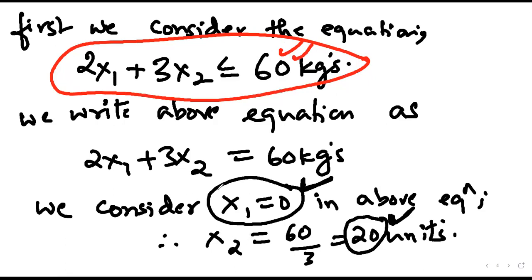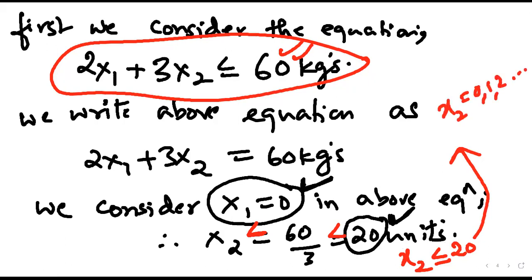What does it mean? Now x1 is equal to 0. What we have done is we could have written this as x2 smaller than or equal to 20. That means x2 can be 0, 1, 2, 3, up to 20.